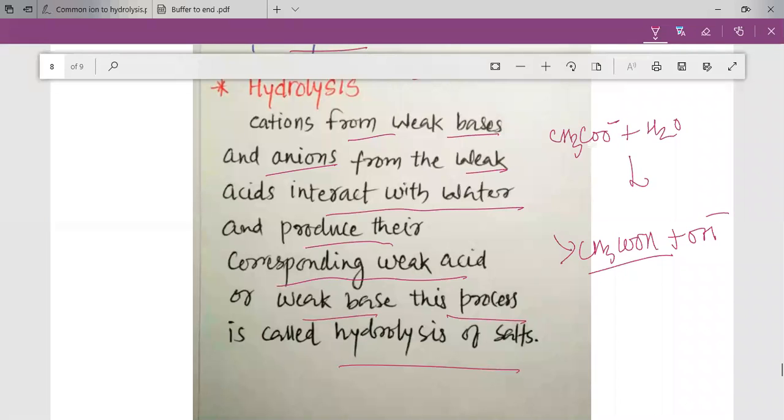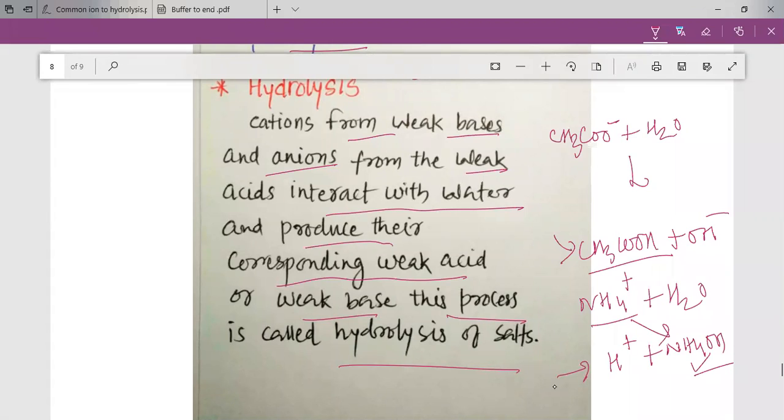Same way, my dear students, suppose we have the cations coming from the weak base, for example NH4 plus. So NH4 plus, again when it reacts with water, it produces H plus and NH4OH. So NH4 plus is produced from the base NH4OH, which is obtained back.